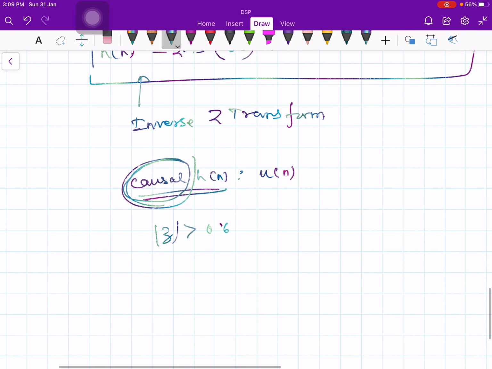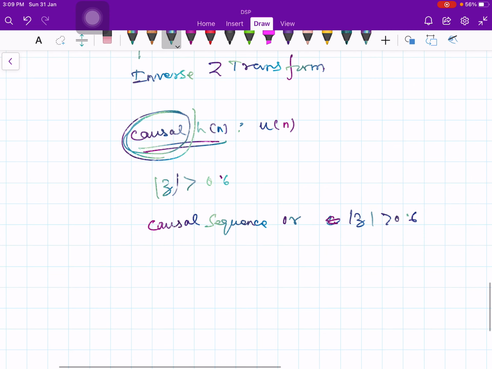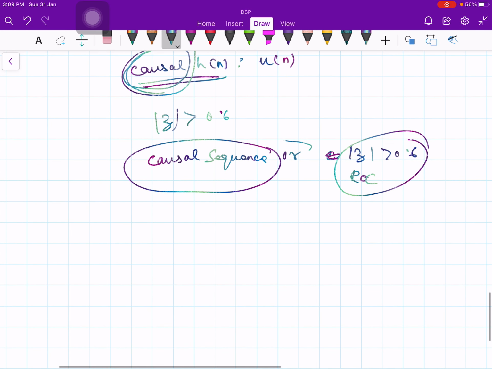So either I can say causal sequence, or I can say mod of z is greater than 0.6. Both are equivalent statements. Either I can give the ROC like this, or I can say causal sequence.